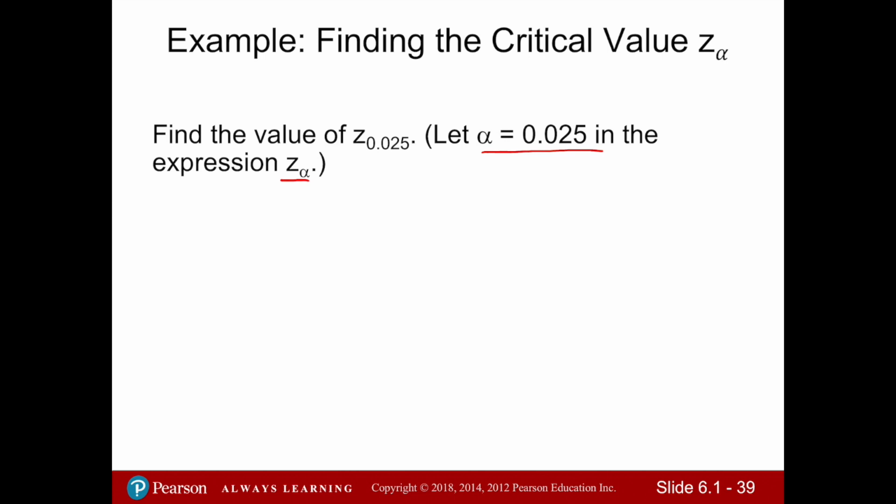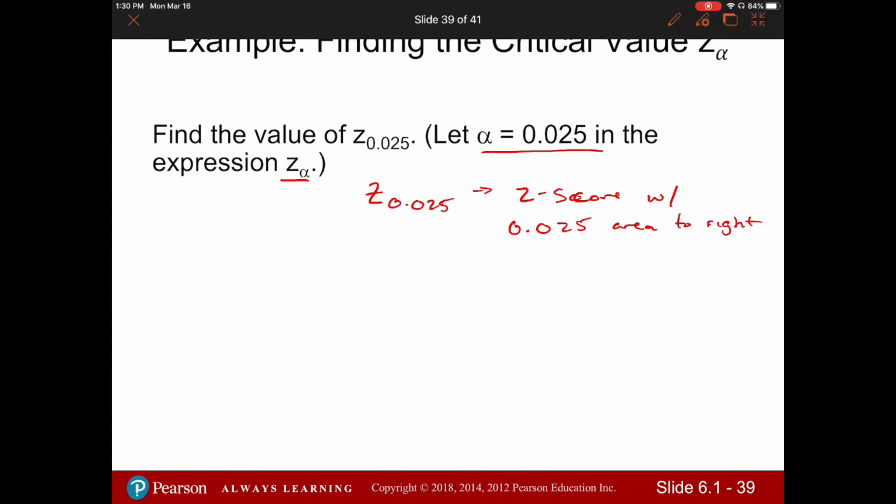And this tells me that z sub 0.025 is going to be the z-score with 0.025 as an area to the right. So what we're going to do is draw this. I have my standard normal curve, and I want a z-score. I don't know what that value is, but I know the area to the right needs to be 0.025.